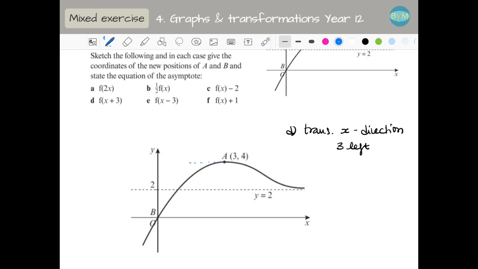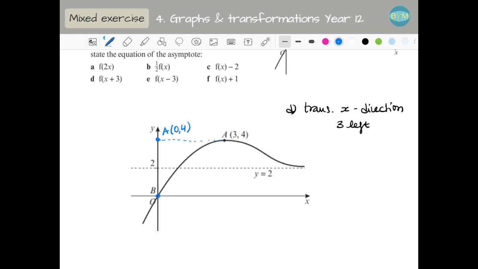So A, if it goes 3 to the left, is going to be here, and the new coordinates are going to be (0, 4). And then B is going to go 3 to the left, so this is going to be (-3, 0). And my asymptote doesn't change. So my graph is doing something like this, moving left by 3. So A, B, and the asymptote.